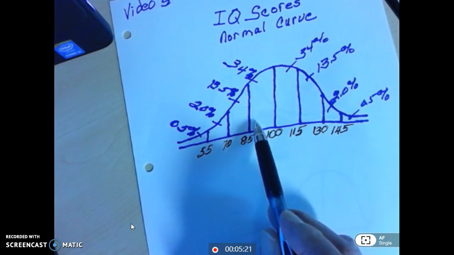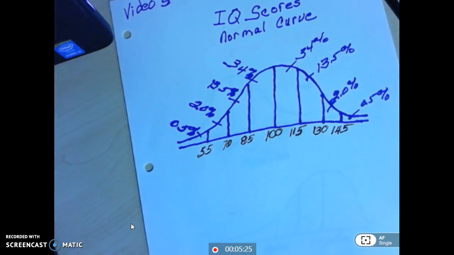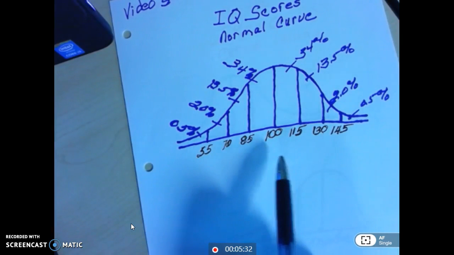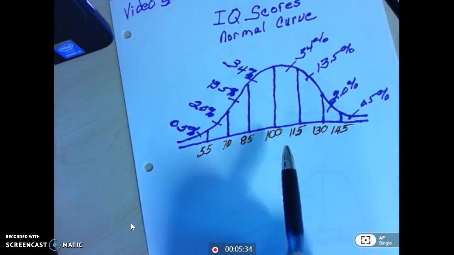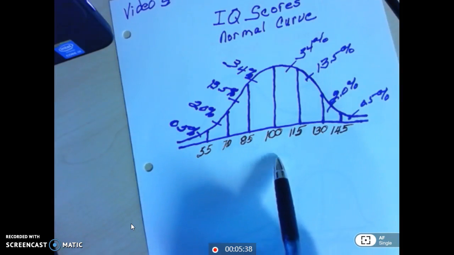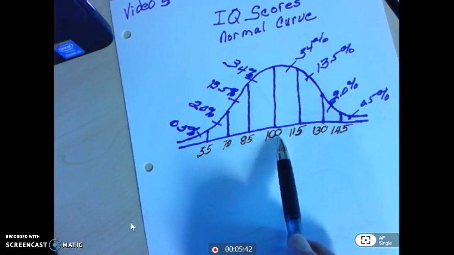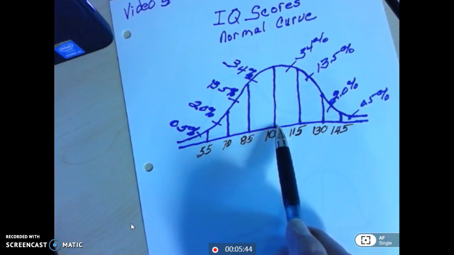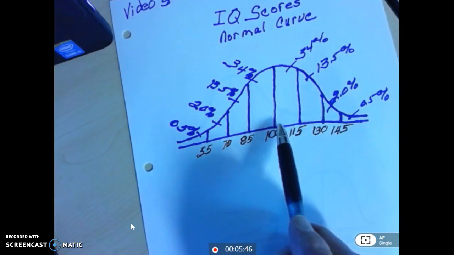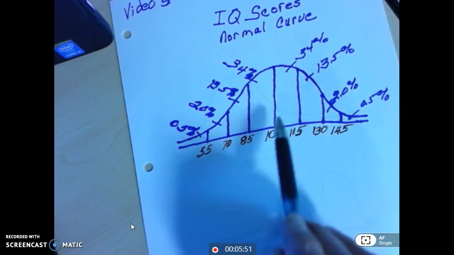This has a standard deviation of 15. Not all distributions will have the same standard deviation, but IQ scores have a standard deviation of 15.